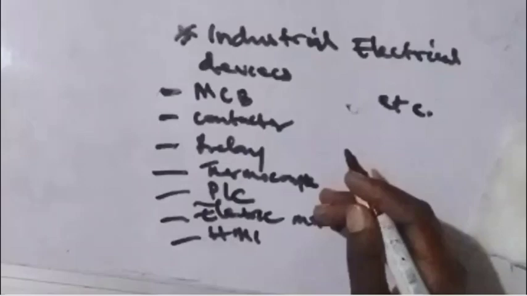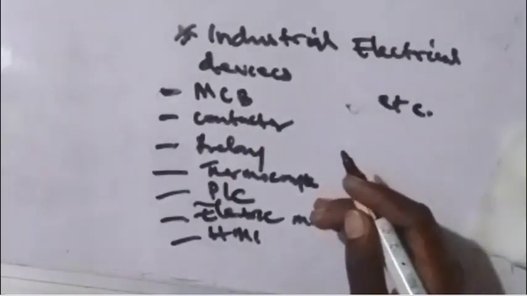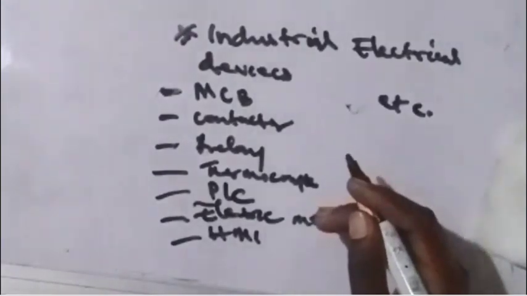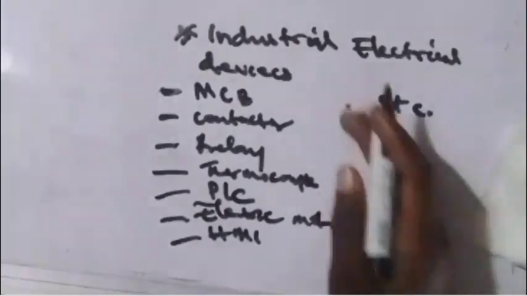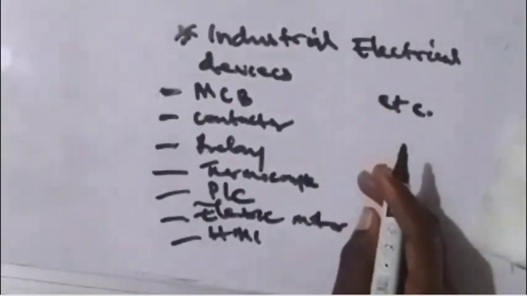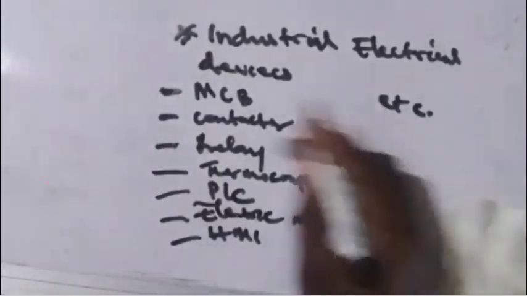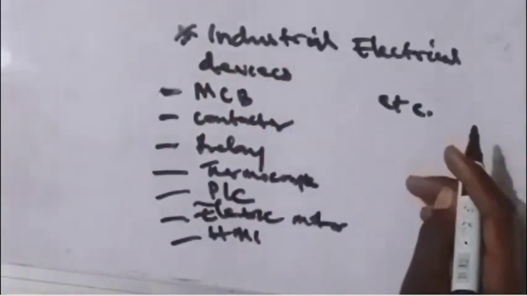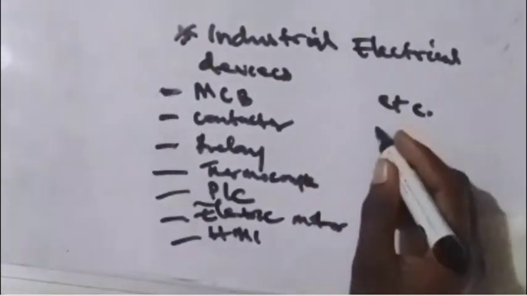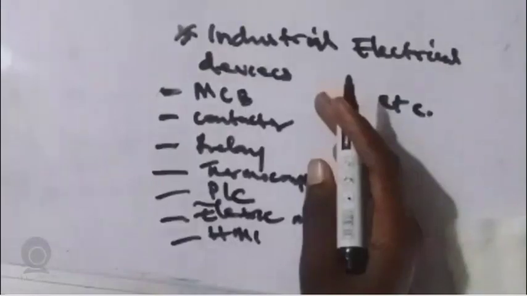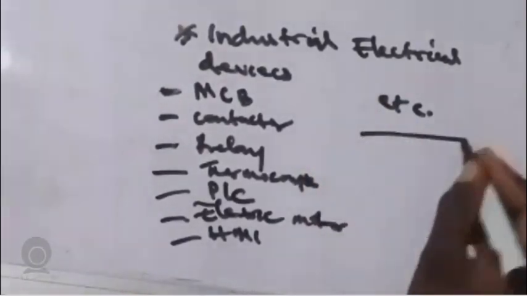So these are some of the examples of electrical devices, the devices you see on an electrical industrial panel. We are going to teach them one by one, 90% or 95% practical.